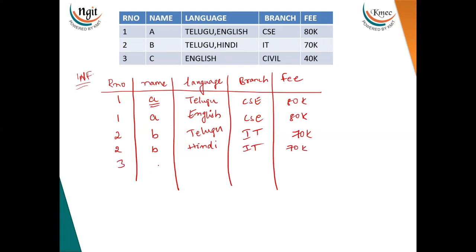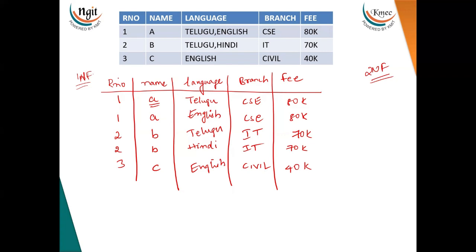Coming to roll number 3, the name of the person is C. He is only known with one language, that is English, and he comes from which department? Civil. And we have fees, that is 40K. So now you have converted the given relation into first normal form.